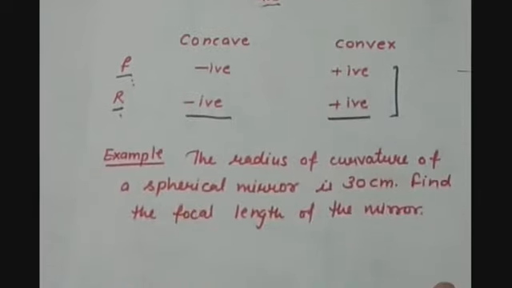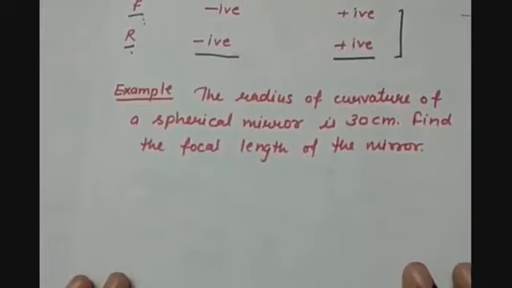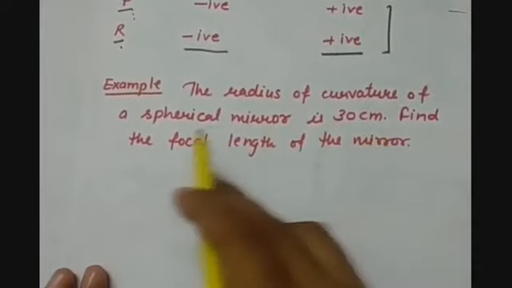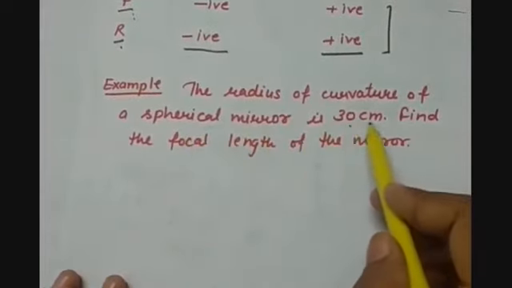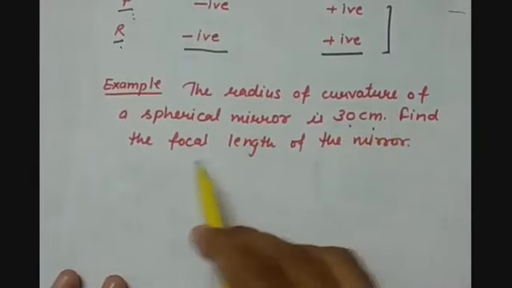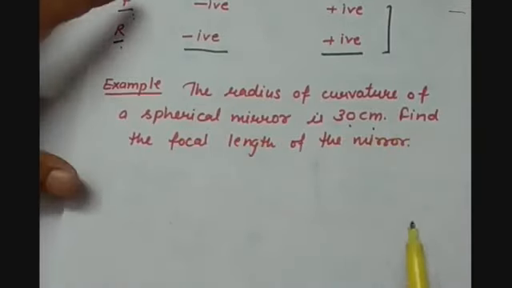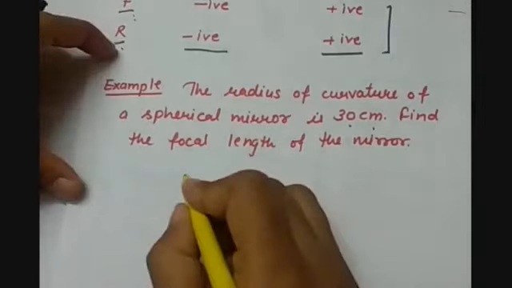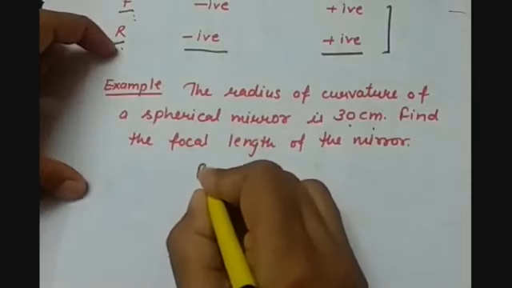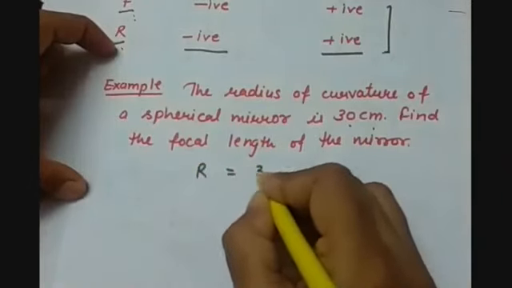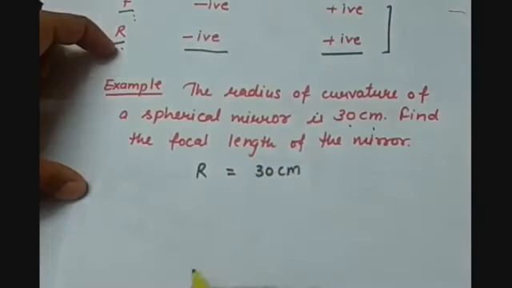Now let us solve one small numerical. We have the radius of curvature of a spherical mirror as 30 centimeter. Find the focal length of the mirror. So what is given to us? Radius of curvature, that is R, is given as 30 centimeter.